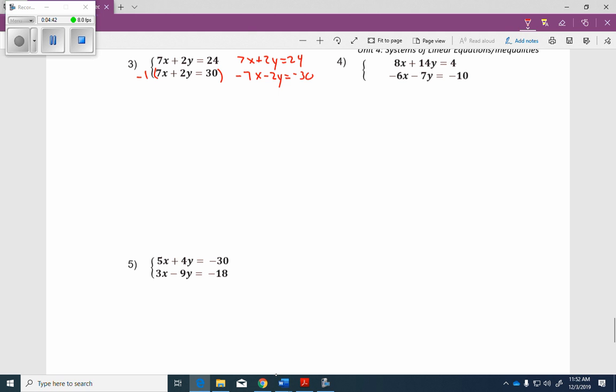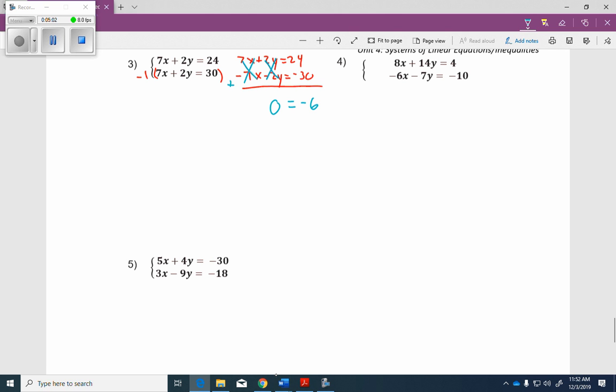And this is one of those interesting answers. Since I have opposites, I can add these. And the x's get eliminated. The y's get eliminated. But over on the right side of the equal sign, I have a -6. If the x's and the y's are eliminated, doesn't that mean I have 0?